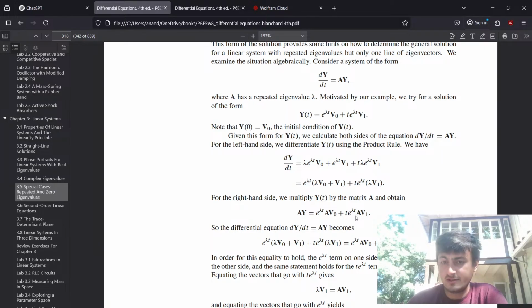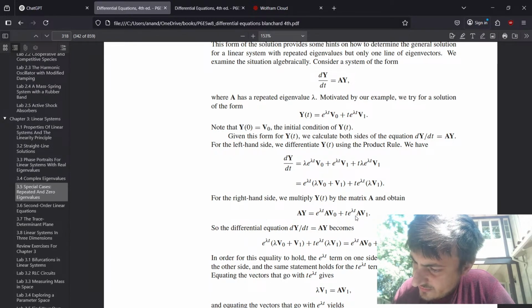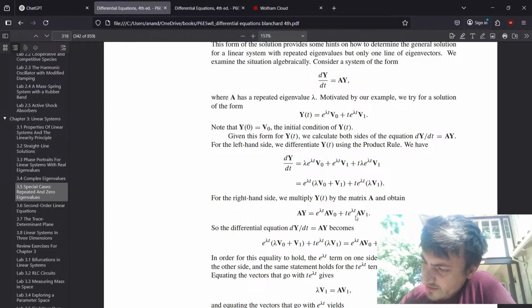So we have y prime equals lambda e to the lambda t times v0 plus e to the lambda t v1 plus, and then now the product rule, lambda t e to the lambda t v1.